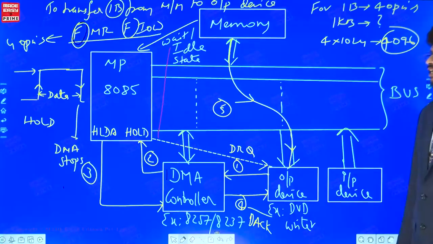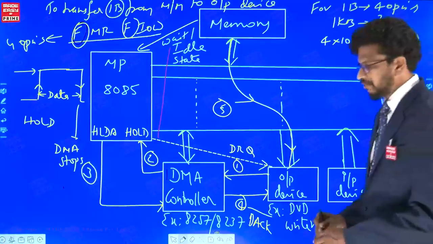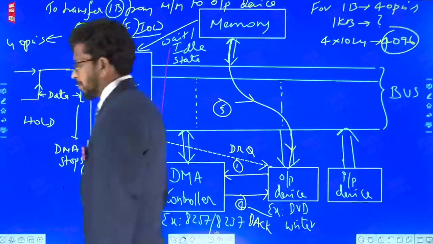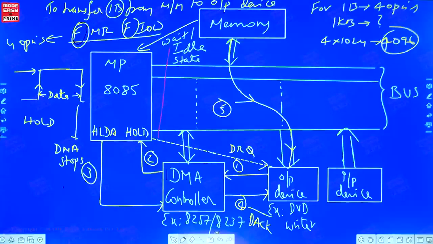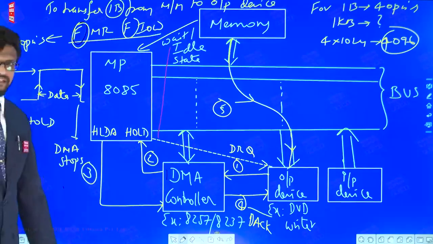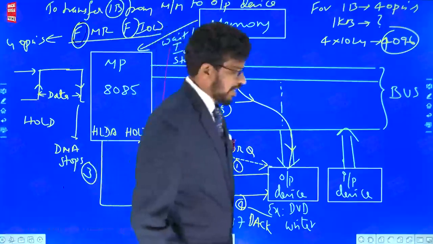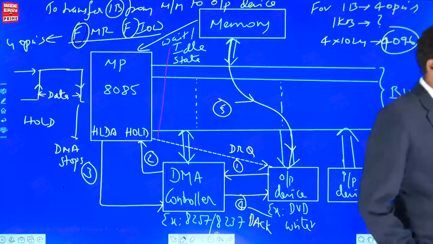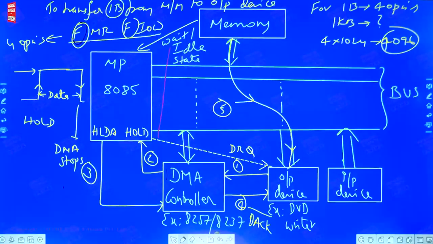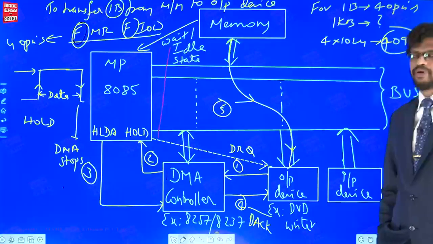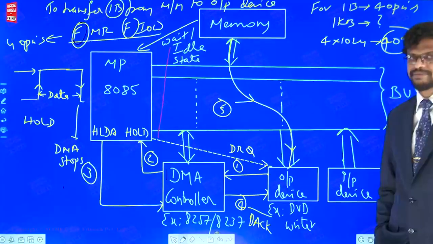When huge data is to be transferred between memory and IO at a faster rate, direct memory access operation is used with the help of DMA controller.